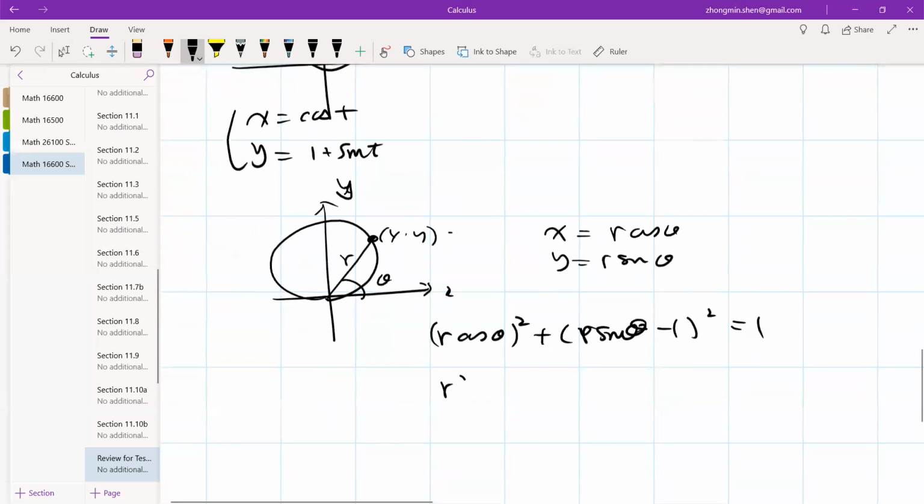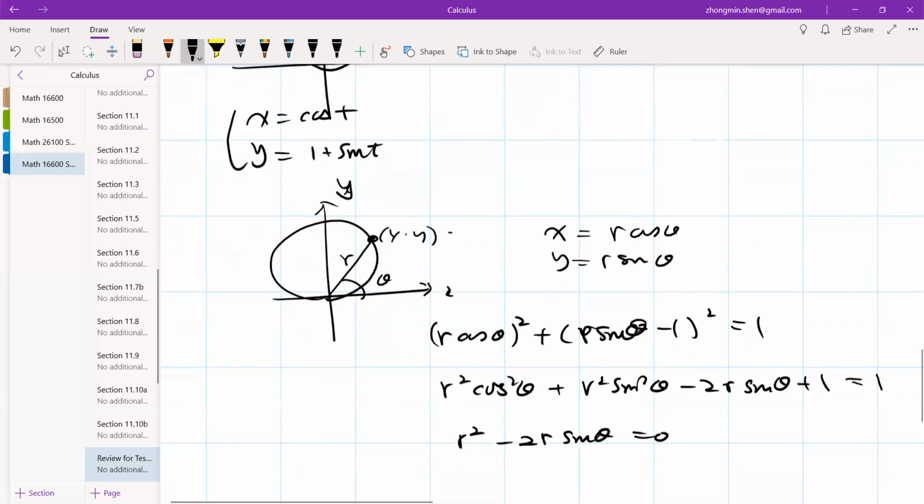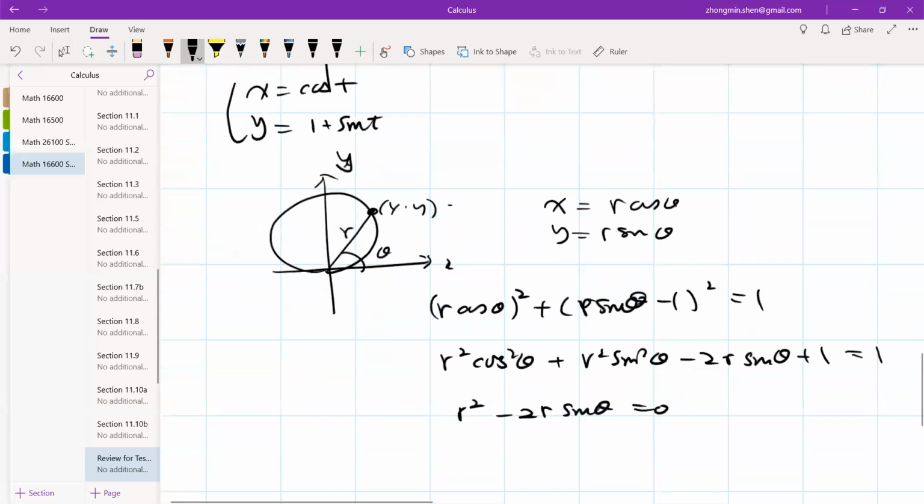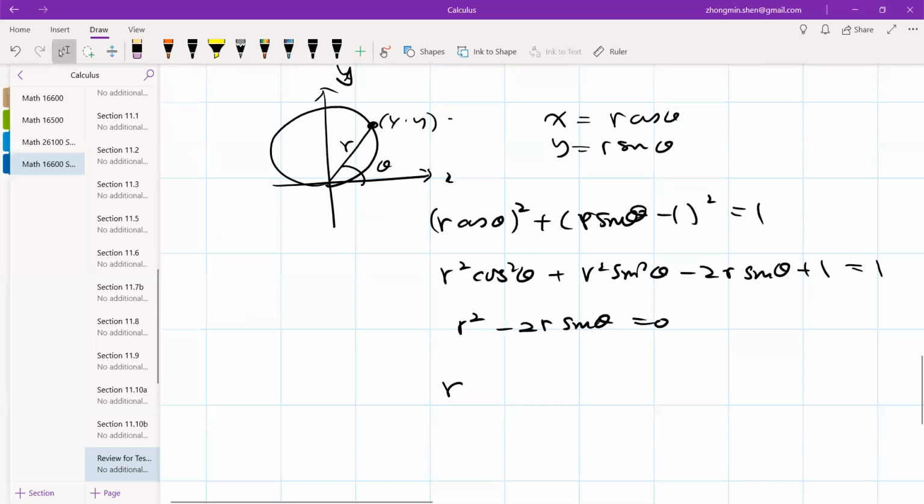So you get r squared cosine squared theta plus r squared sine squared theta minus 2r sine theta plus 1 equals 1. So the 1 cancels out. I get r squared minus 2r sine theta equals 0. It's not too bad.